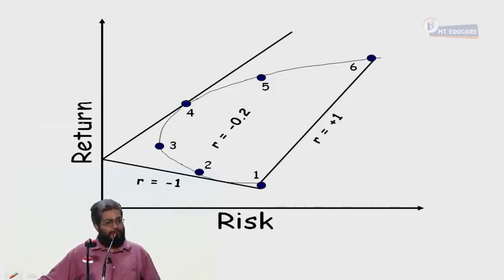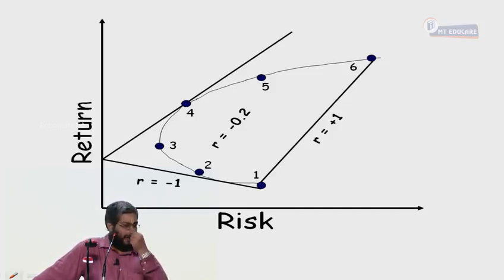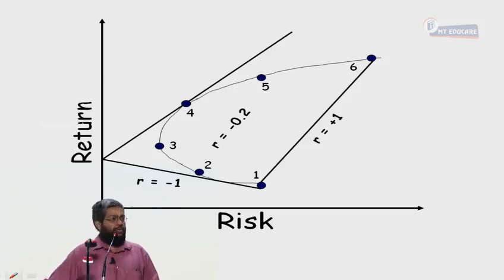Inferior to what? Portfolio 3. They are inferior to portfolio 3 since 3 gives more return for lower risk. Everybody, can I proceed or not?